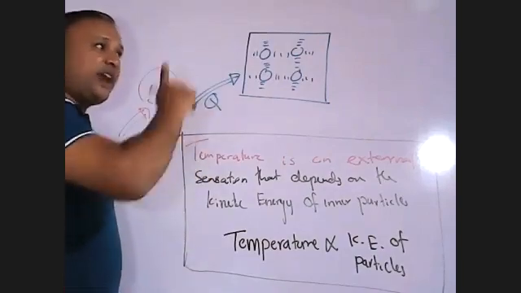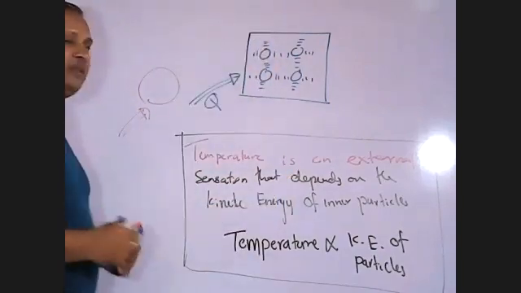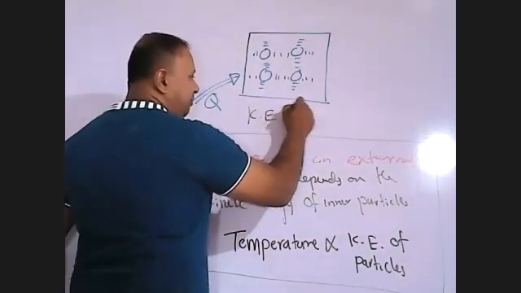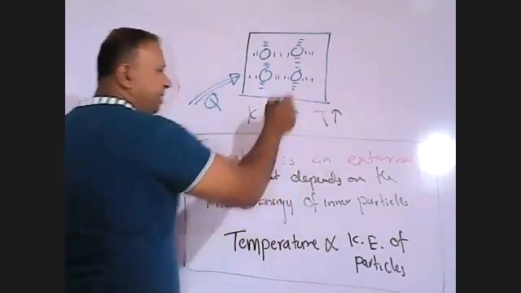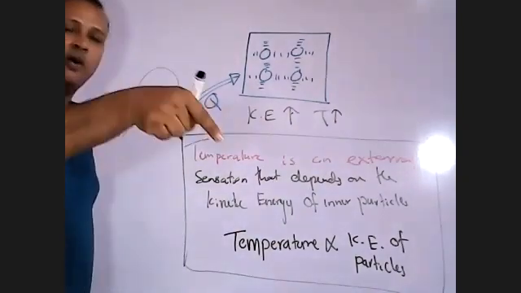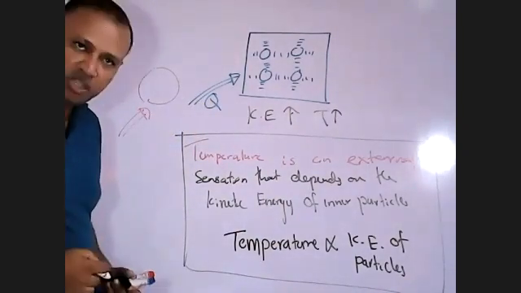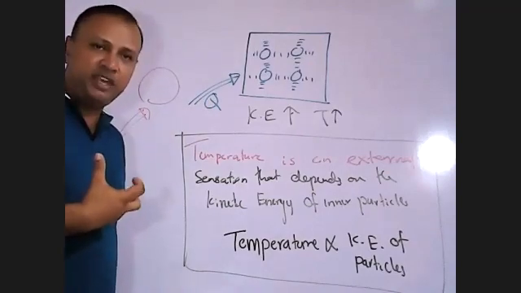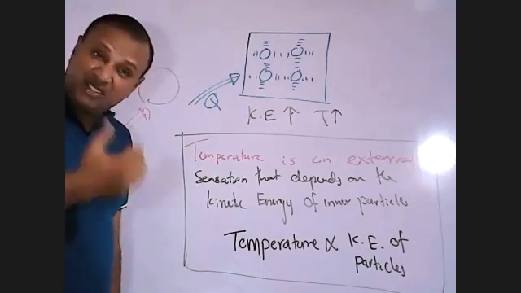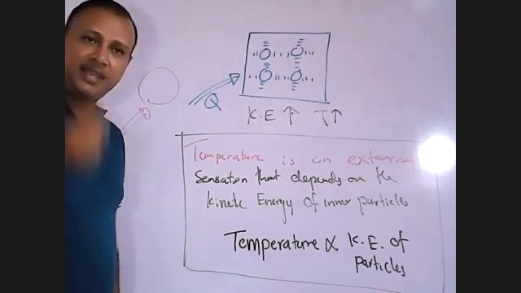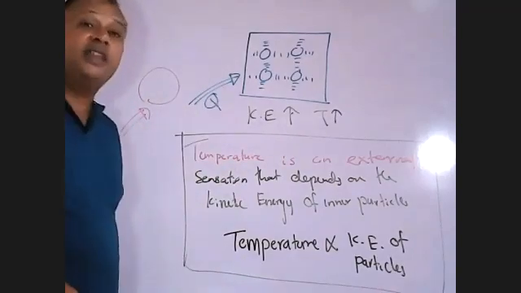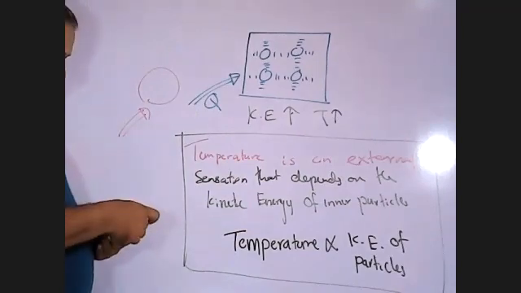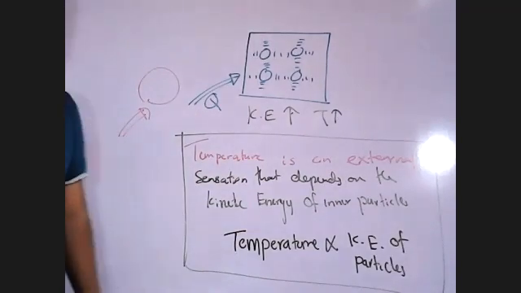That means when kinetic energy increases, temperature increases. So temperature depends on kinetic energy. Therefore, we can define temperature as an external sensation that depends on the kinetic energy of particles. Okay. Alright.